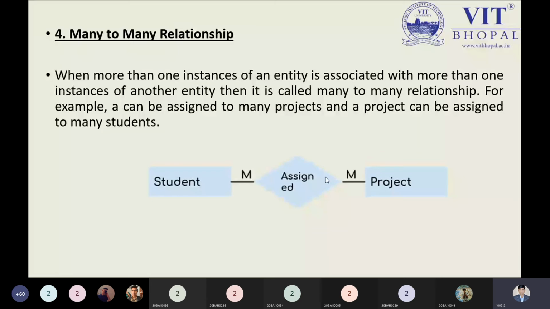Many students are getting many assignments from many faculties, and you can be involved in many projects as well. So this could be a many-to-many relationship. Now it is clear to all: many-to-many, many-to-one, or one-to-one? Tell me. Yes, sir. Okay, good.